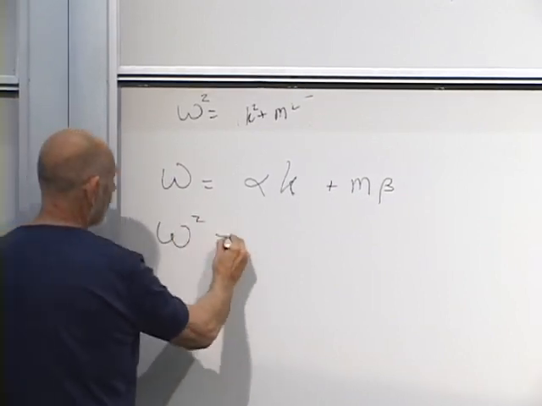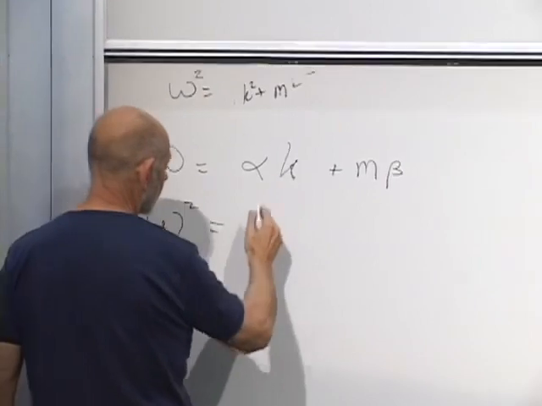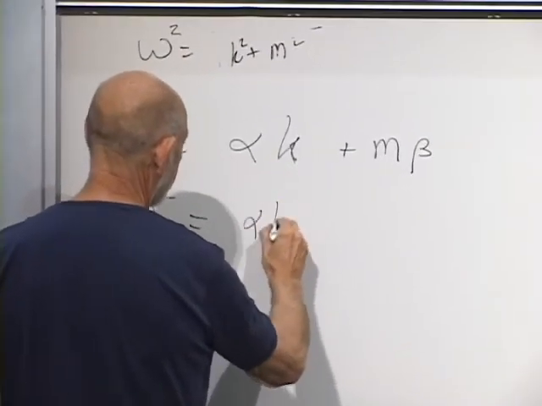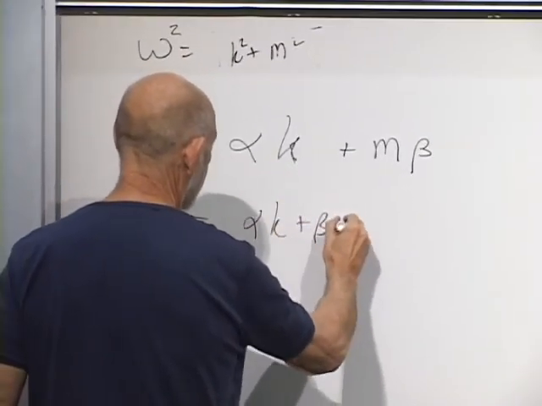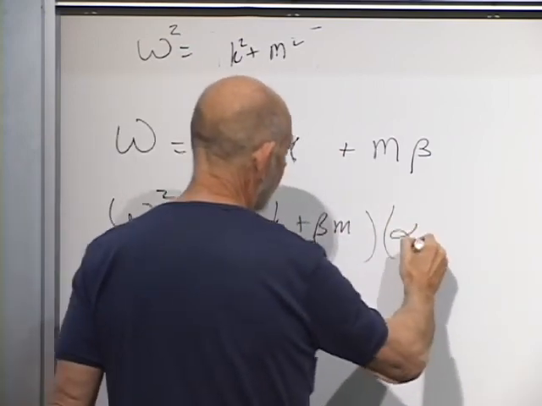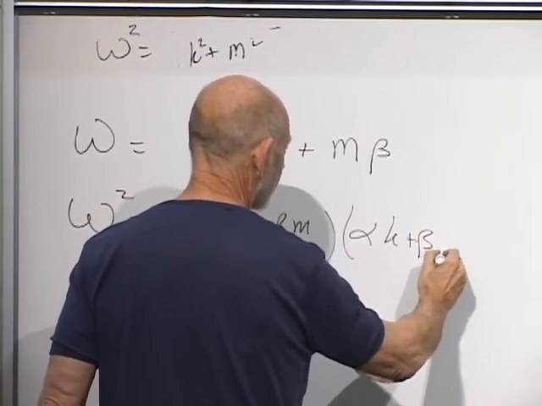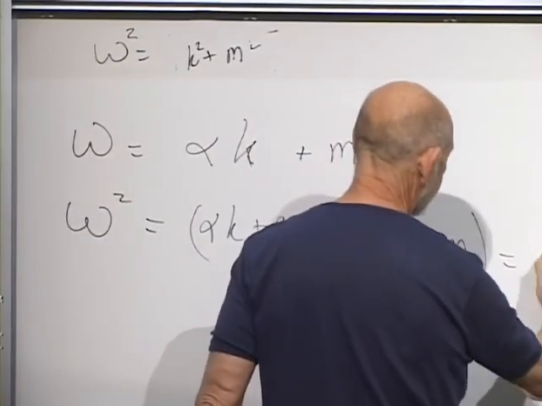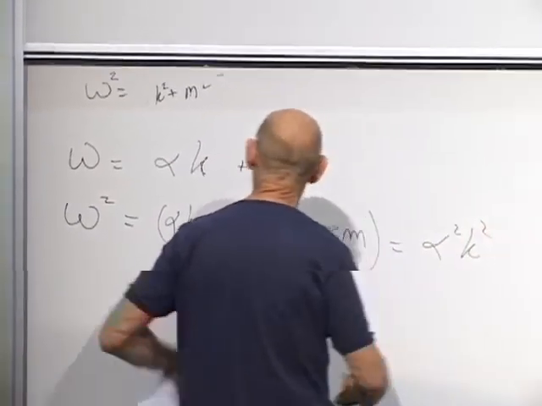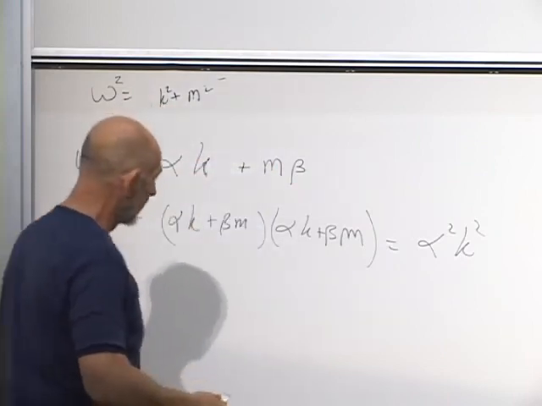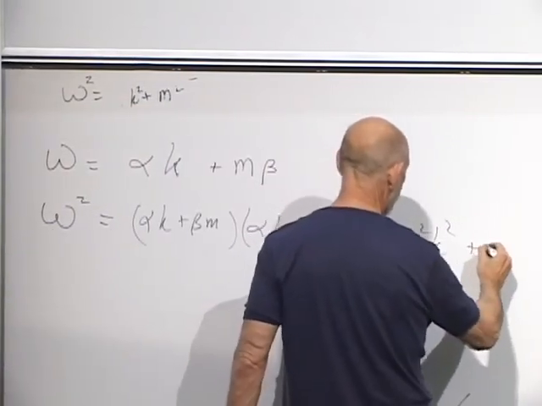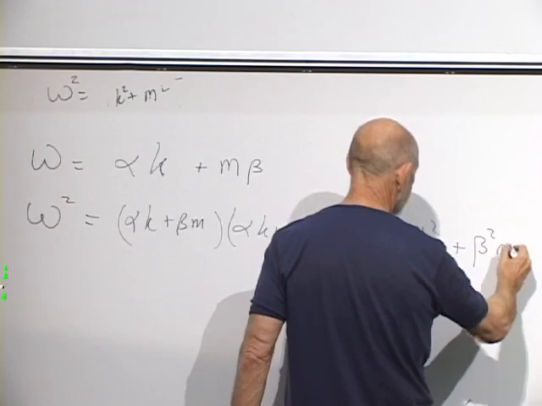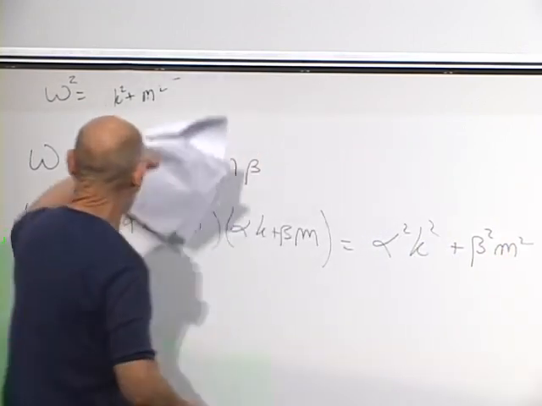Okay, so let's square this. Omega squared is equal to alpha k plus beta m times alpha k plus beta m. What do we get? We get alpha squared k squared. That's good. We want a k squared there. Plus beta squared m squared. That's good. We want an m squared there.